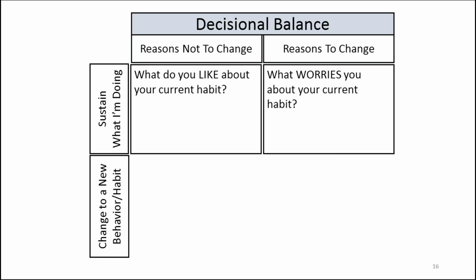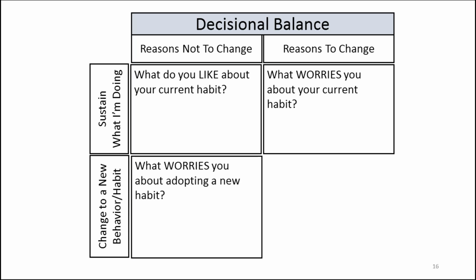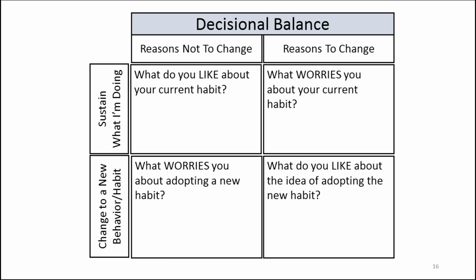And then we put in the second row the change to a new habit or behavior, what worries you about adopting that new behavior. For smoking, one of the greatest worries is people are afraid they will gain weight. And then we say in the fourth quadrant, what do you like about the idea of adopting a new habit?